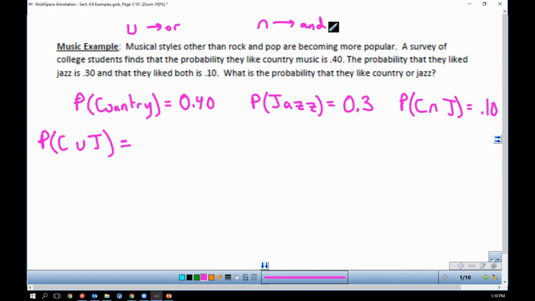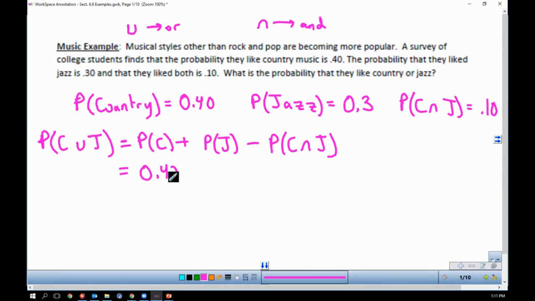So we have to use the rule that we just talked about. The probability of country plus the probability of jazz minus the probability of country and jazz. At this point, we just plug in. The probability of country is 0.4.